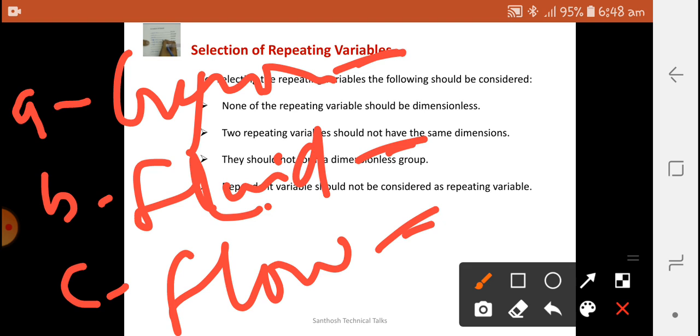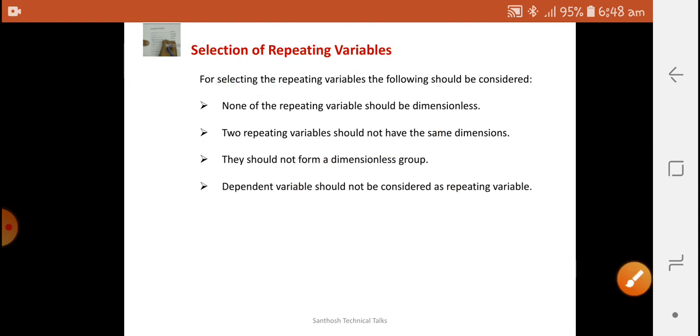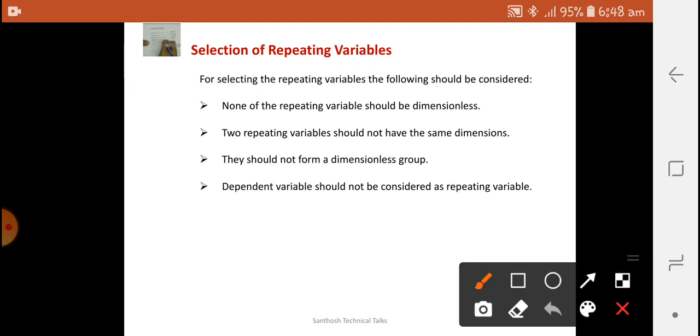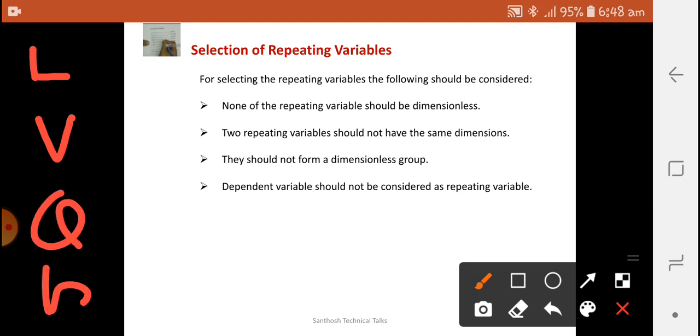So these terms are the repeating variables. As I said, if in a physical phenomenon there is a length involved, there is a velocity involved, there is a discharge involved, there is a breadth involved, and there is viscosity involved. Viscosity and density are involved.